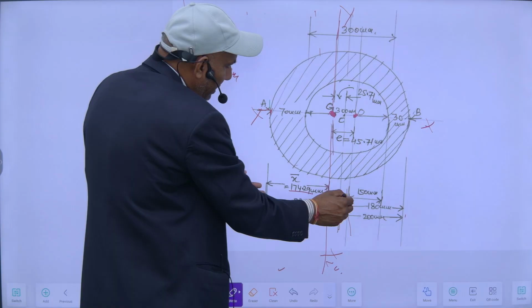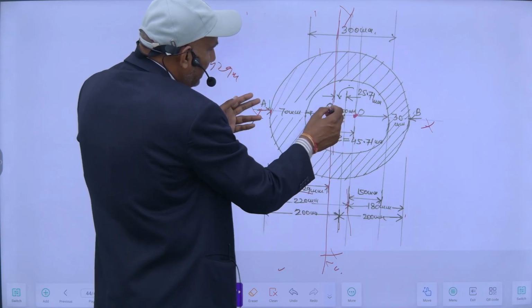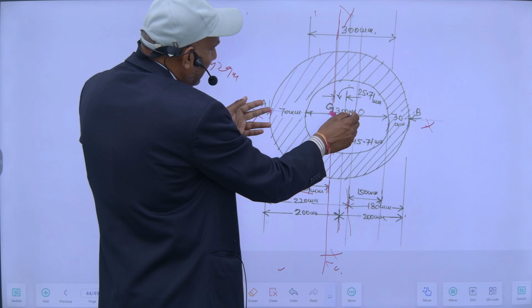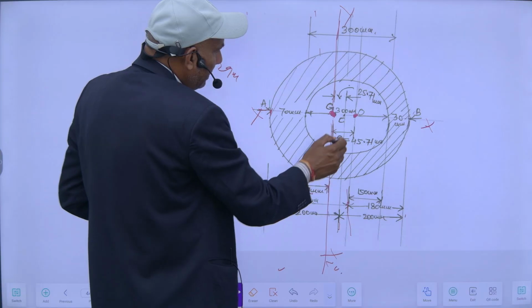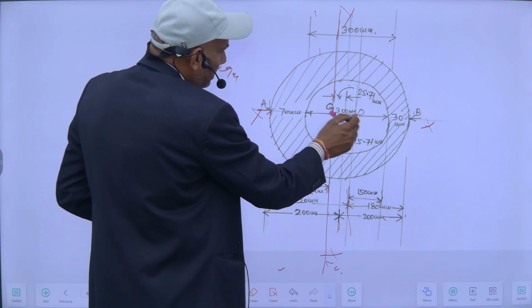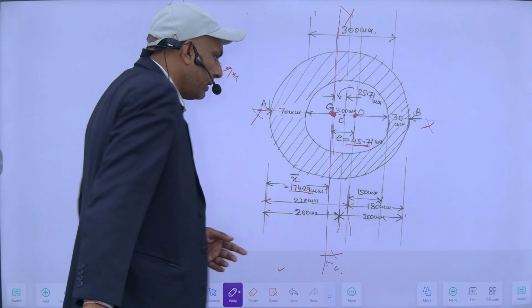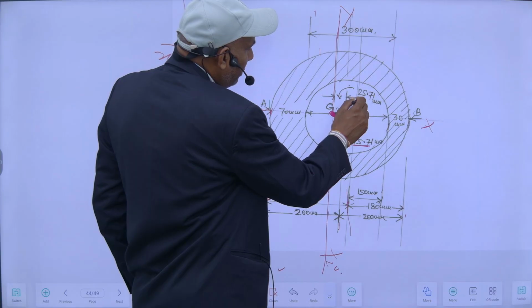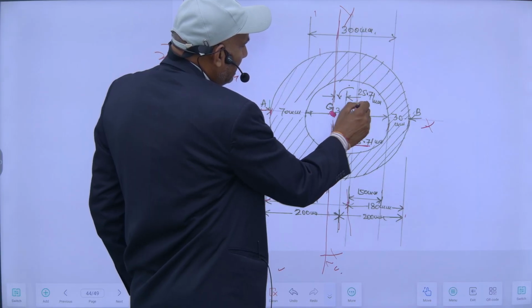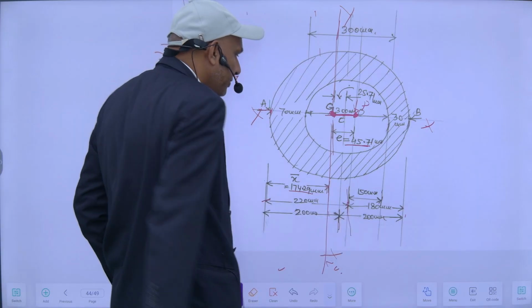So obviously it will be 220. So this distance from this point to this, 220 minus this 174.29, will be this much. This will come 45.71 mm. So this is the position of the load where my load is acting, and this is the centroid. So this much is the eccentricity.